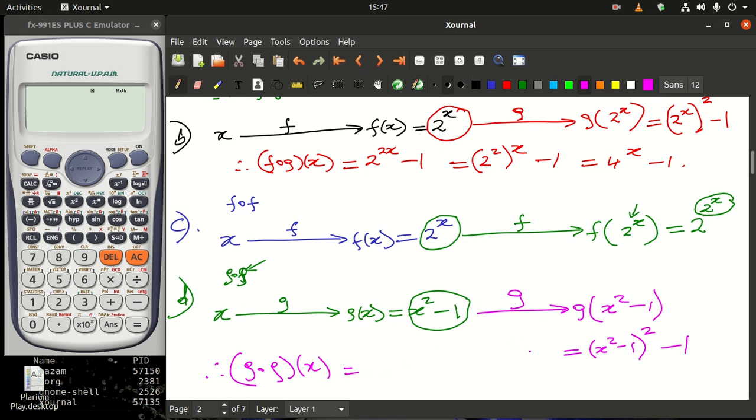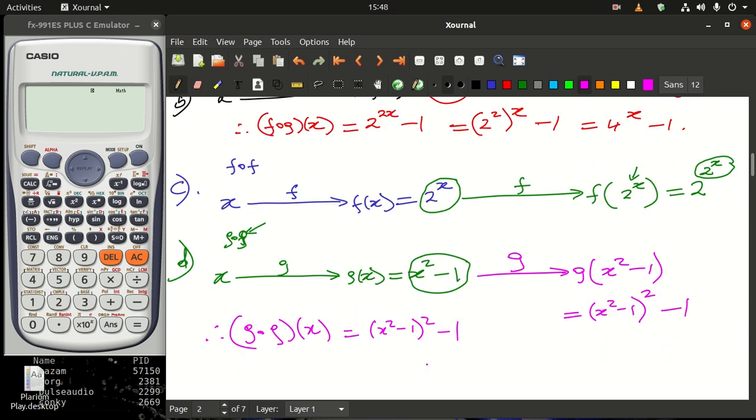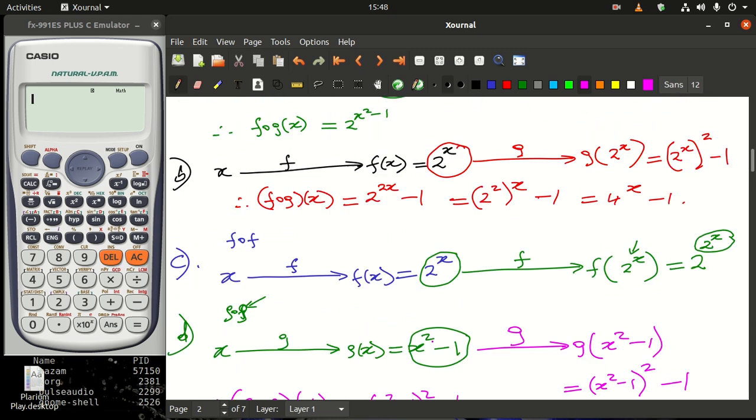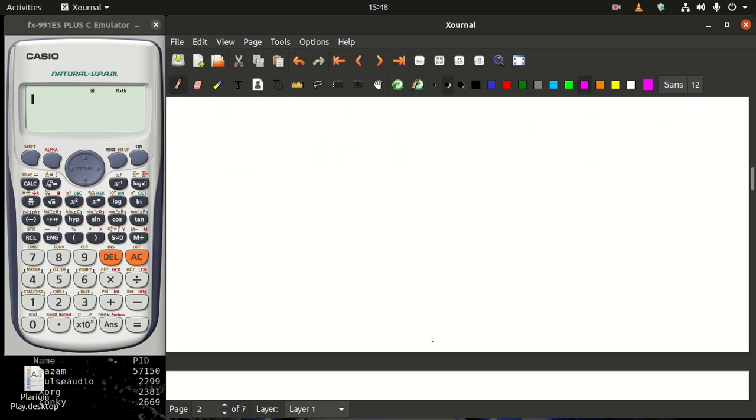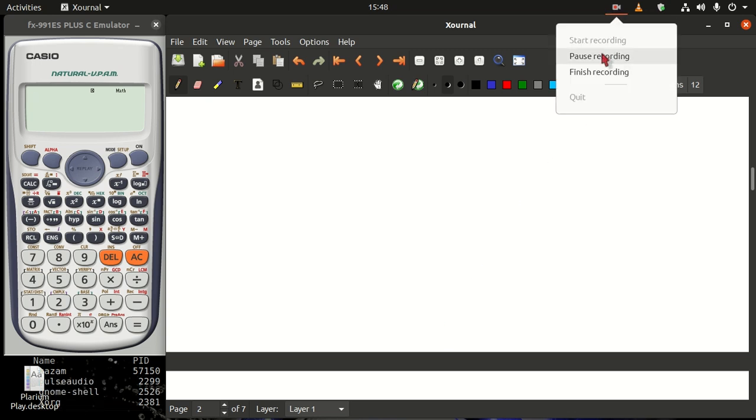This is the same as X squared minus 1, squared, minus 1. So you can simplify this, or you can leave it like this, because this is not a simplification problem. It is what I call the composition problem.